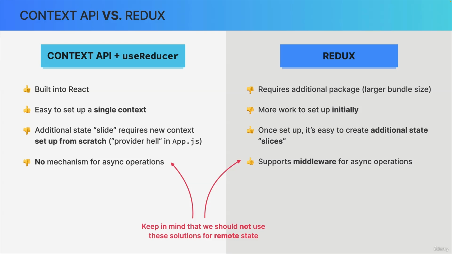Now, moving on, as we saw in the previous section, optimizing the performance of the Context API and useReducer solution can require some work, while Redux comes with many optimizations out of the box, including minimizing wasted renders.